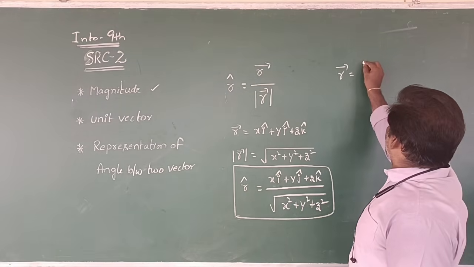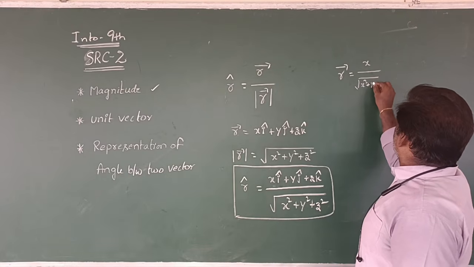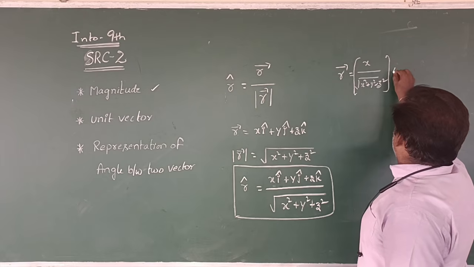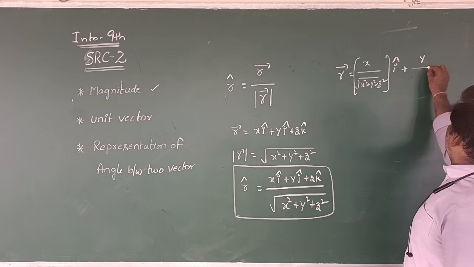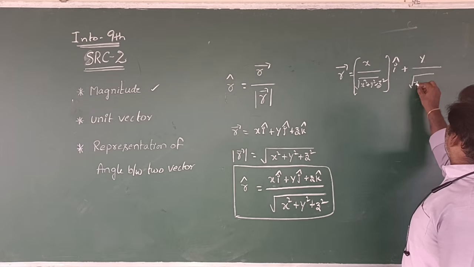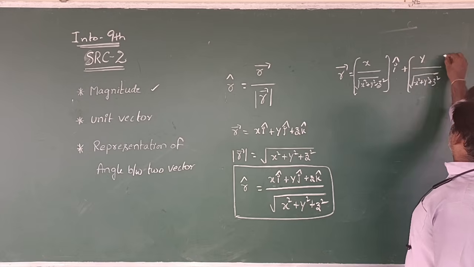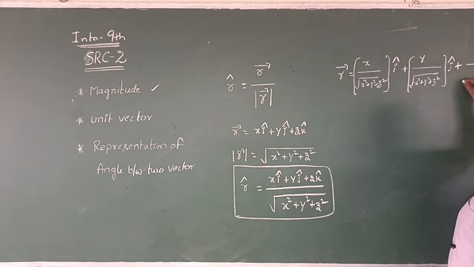Let me write that: x by root over x square plus y square plus z square into i cap, plus y by root over x square plus y square plus z square into j cap, plus z by root over x square plus y square plus z square into k cap.